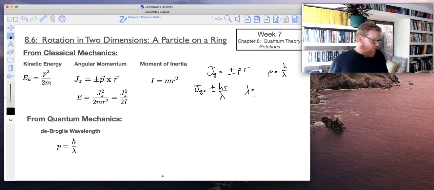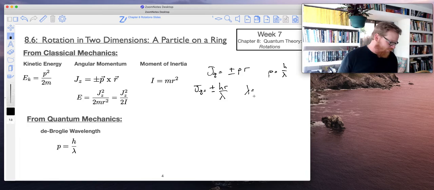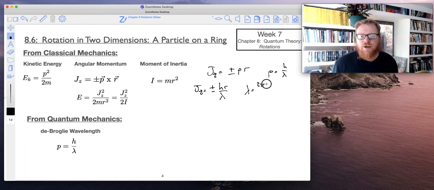Well, we're going to ascribe this closed loop or in-phase motion. To get that, the wavelength has to be some integer value of the radius. That integer, rather, it's a trigonometric function, 2 pi r, to give us that 2 pi full loop.